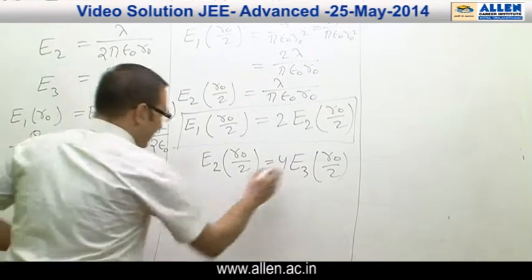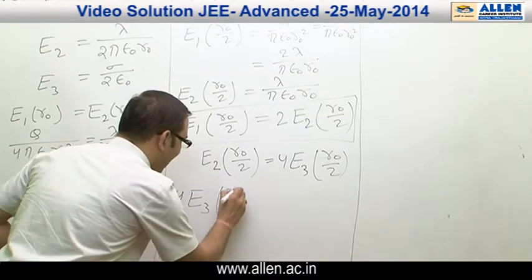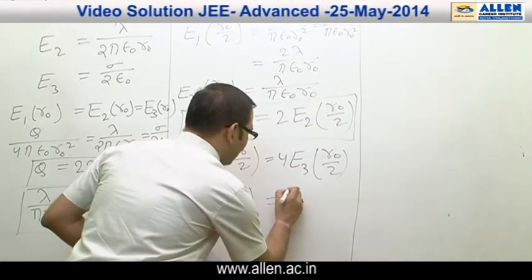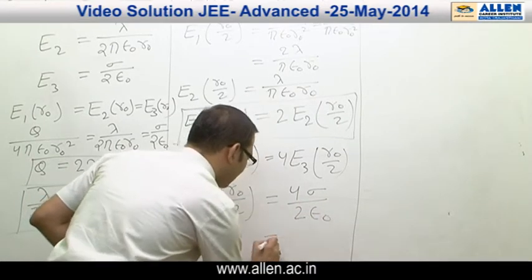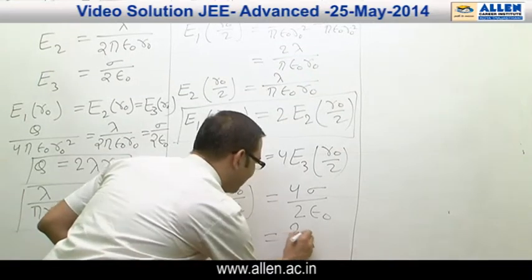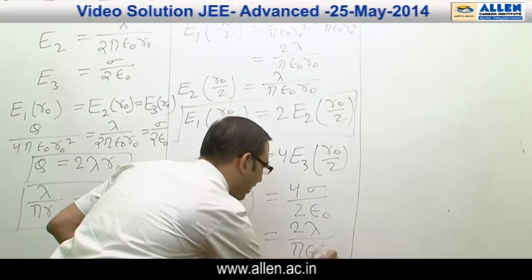So E3(R naught by 2) comes to be sigma upon 2 epsilon naught, and 4 times that becomes twice of lambda upon pi epsilon naught R naught.